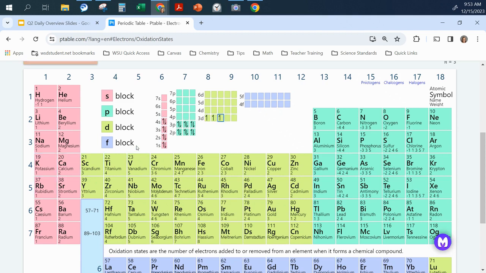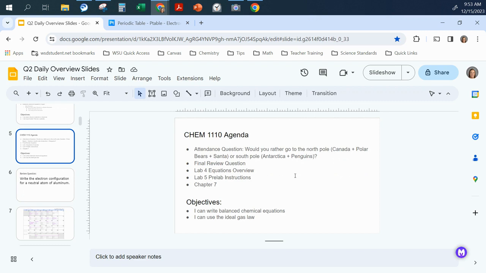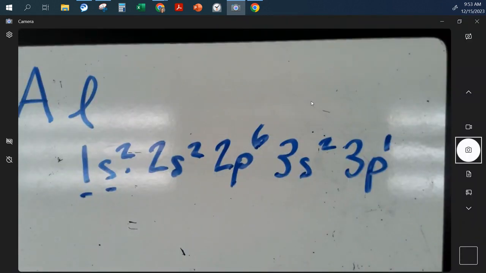Okay. All right, the next thing that I would like to do is go over Lab 4, the Lab 4 equations. So go ahead and pull out your Lab 4. We did basically a chemical reactions lab.